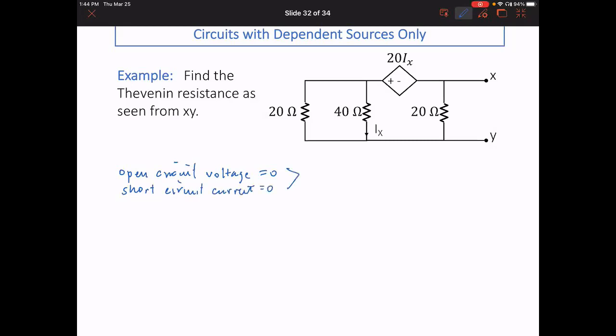So ano ibig sabihin nito? VTH is equal to 0, IN is equal to 0. So ang problema lang natin is what is RTH? So in effect, this thing, we should be able to represent by a single resistor. So how do I solve this problem?